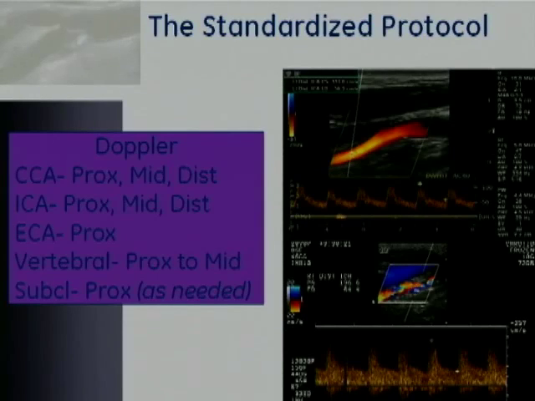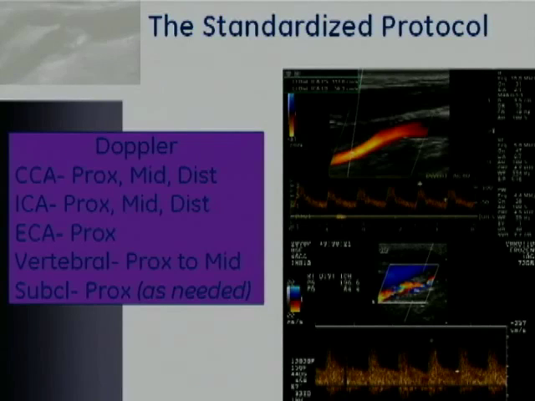Unless there is stenosis, in that case, I take at least 2 readings, one within the area of stenosis, the second further distal to demonstrate the post-stenotic turbulence. And in the vertebral, the area we're most interested in is the origin, but it's okay to take a mid-vertebral segment and get a nice waveform. And then if we see turbulence, we'll look at the proximal segment where stenosis is most commonly located.